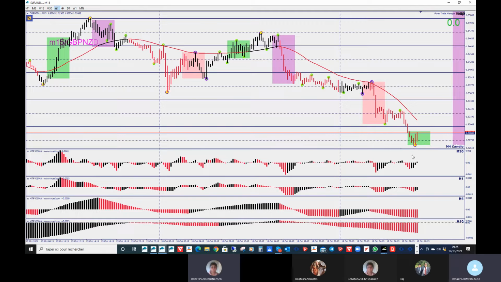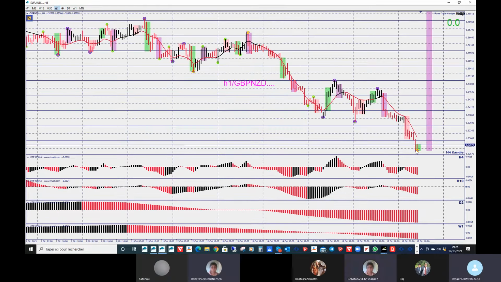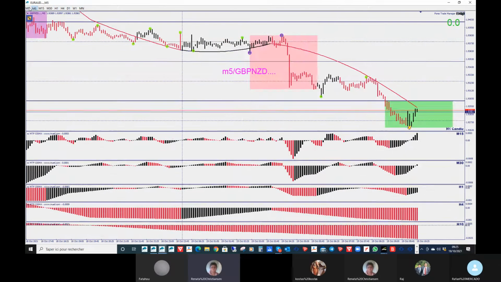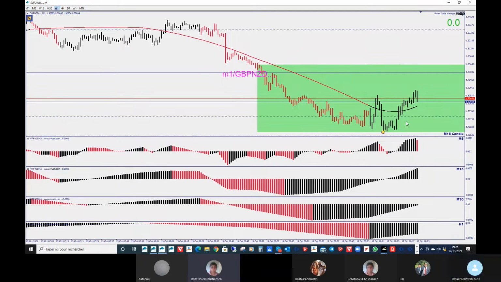But pound New Zealand, you mean for long? Already? On the 1 minute. Of the 1 hour. Okay. That's 20 pips already. Yeah, we need two bars retracement.